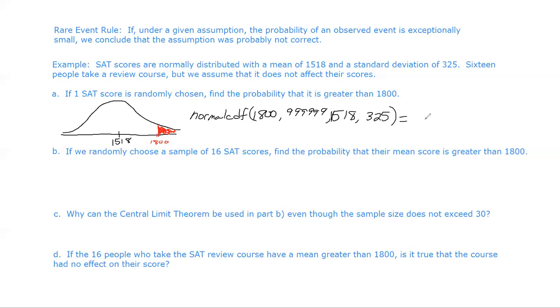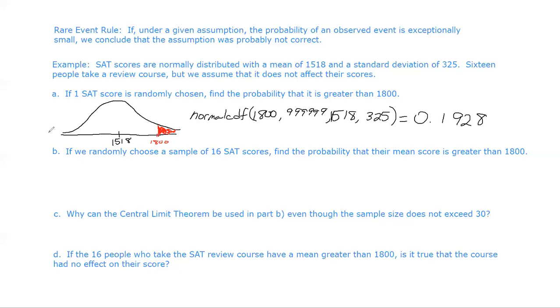I get 0.1928. So this is about 19%. So about 1 in 5 people, if you just randomly select one person, will have a score that's 1800 or greater than 1800.